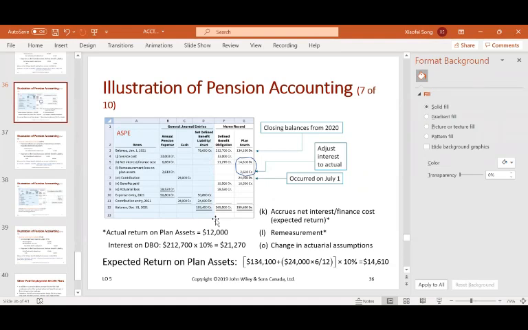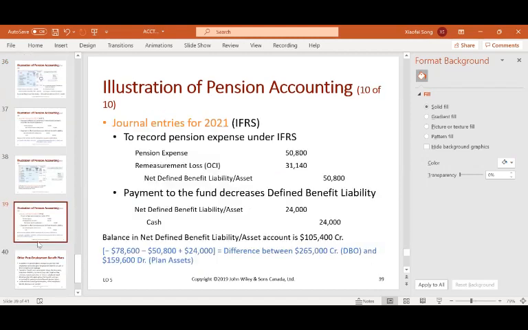So the deficit just keeps growing. And that should reflect the difference between DBO and the plan assets. The way it's laid out, this will definitely be the case. So that's just to show the last one.